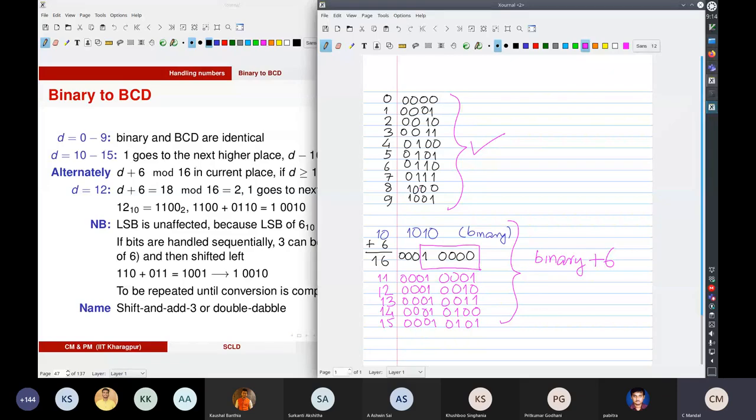If you take a 4-bit representation, these are the remaining codes which you need to handle. Up to this, binary and BCD are the same, and this is BCD, of course in 2 places.